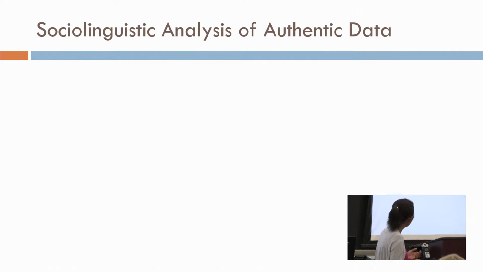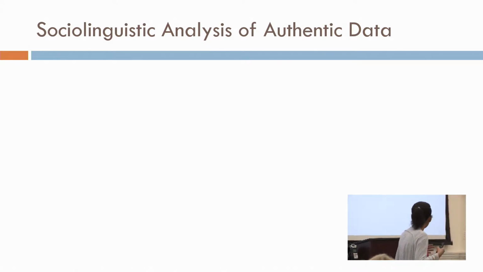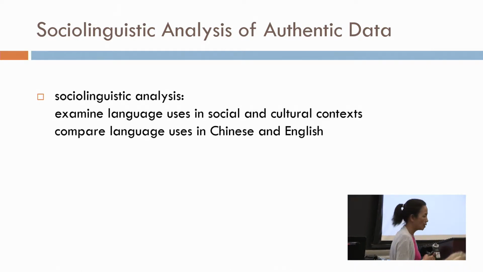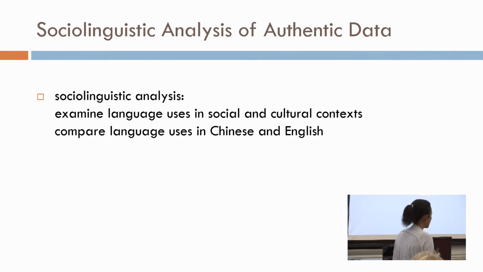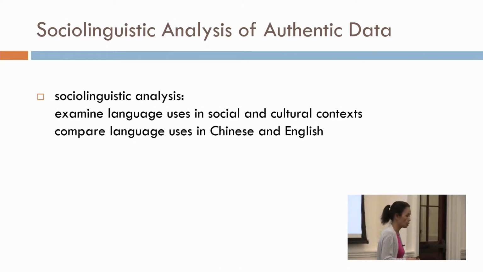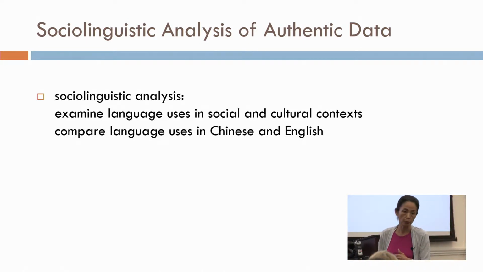Can we also guide our students to look at the language from a different perspective, through a sociolinguistic analysis of the language data? What I mean by sociolinguistic analysis is really just guiding them to look at how language is used in social and cultural context, and giving them ideas to compare their own language and the target language they are learning.